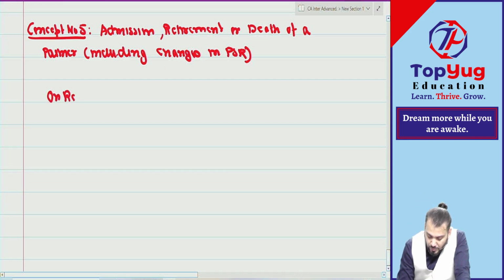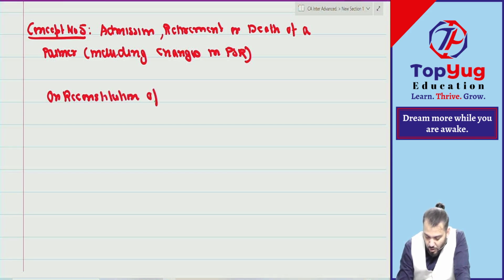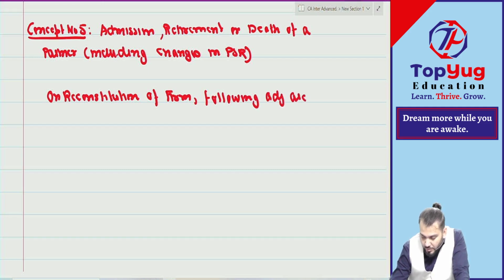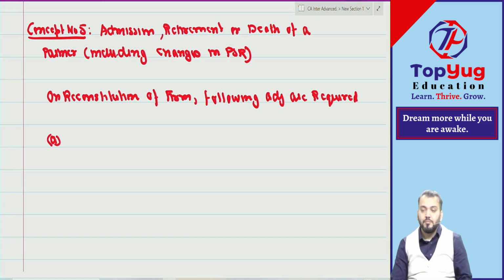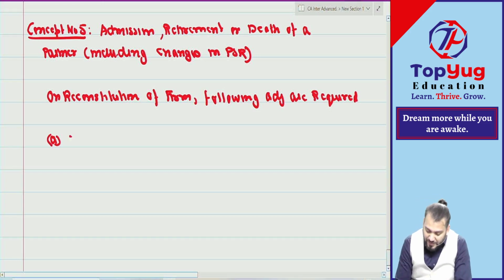On reconstitution of firm, the following adjustments are required. But the first what? First is what? Revaluation of assets.